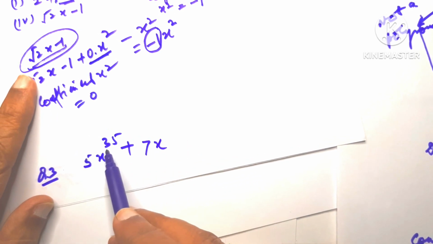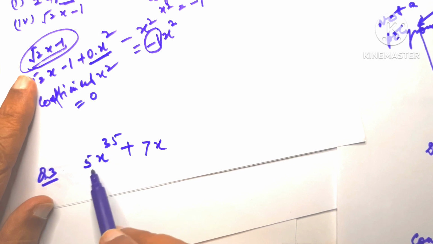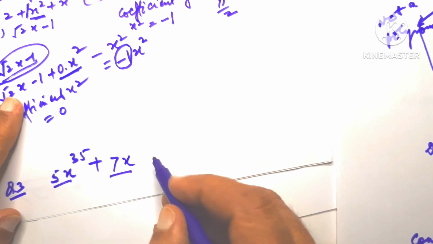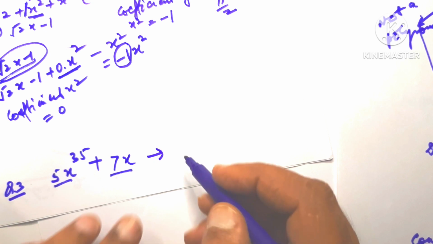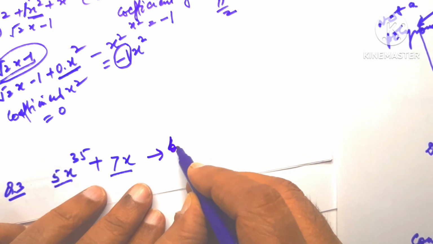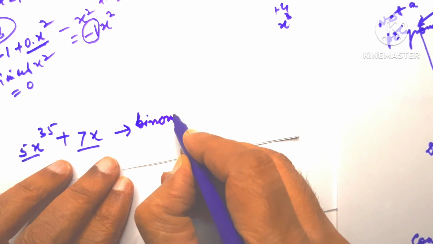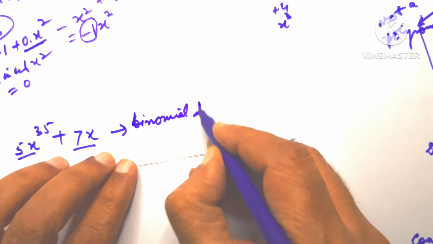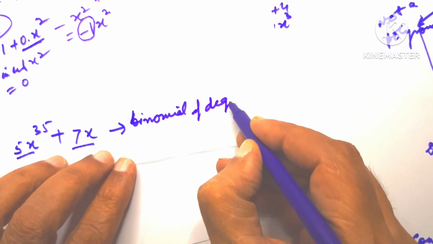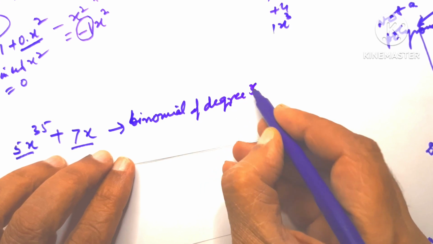Maximum power is 35 and this is a binomial. So this is one example of a binomial of degree 35.